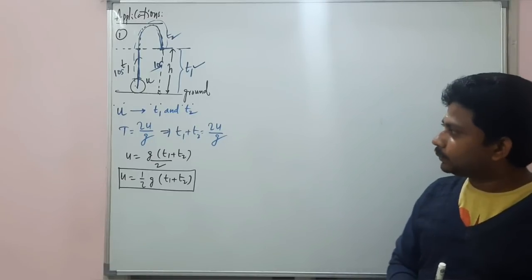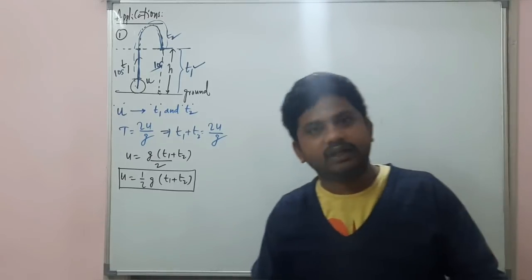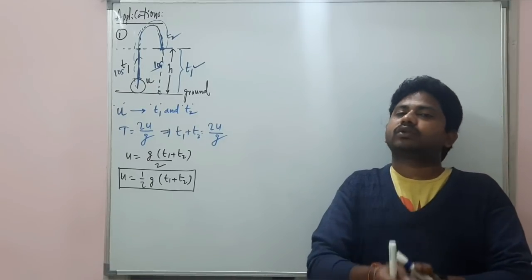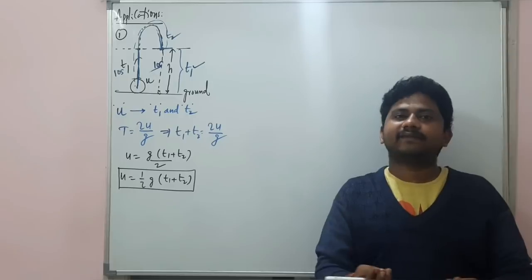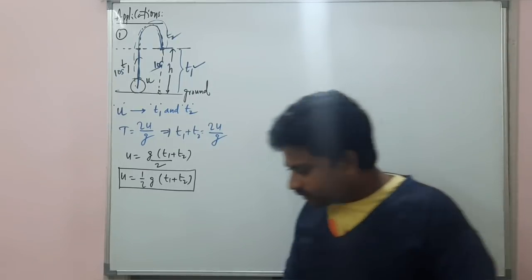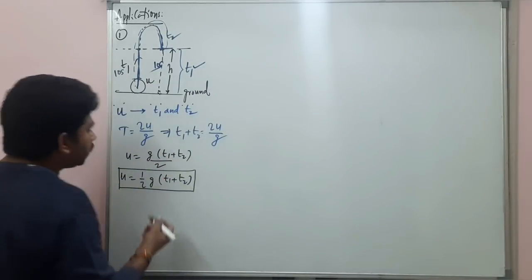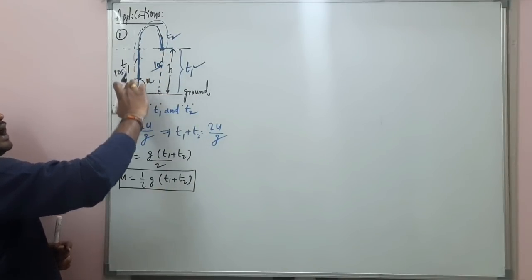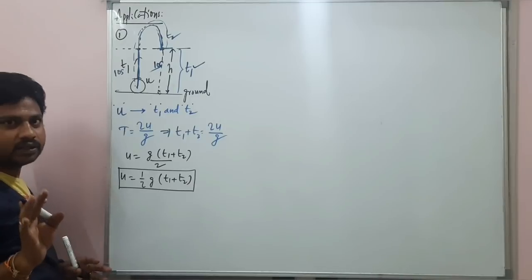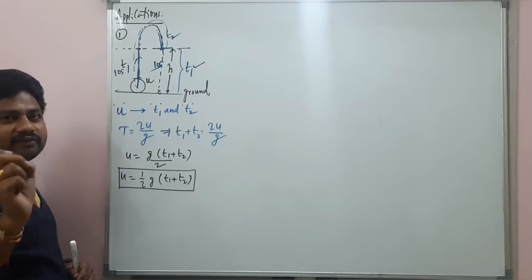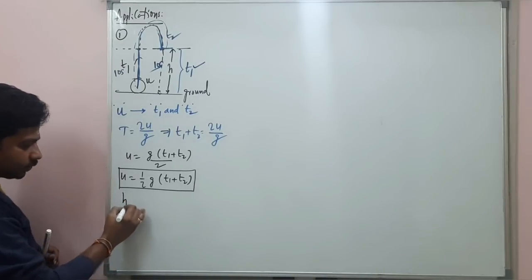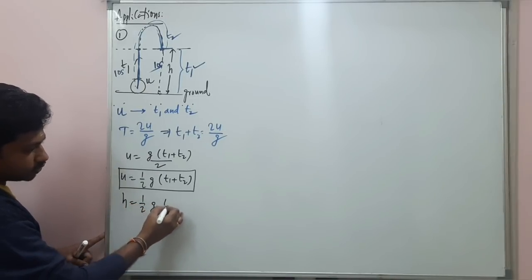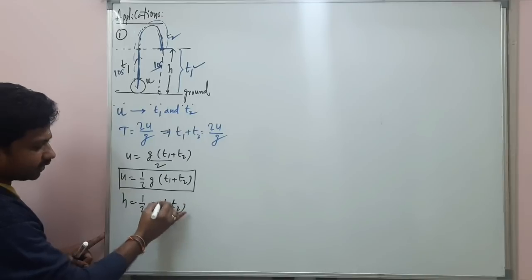Now, if you solve further, we are not going to do it because it takes time. Try to remember some formulas which will save you time in your exam. In this way, at that particular height where the times are t1 and t2, you can find that height using the formula half into g into t1 into t2.